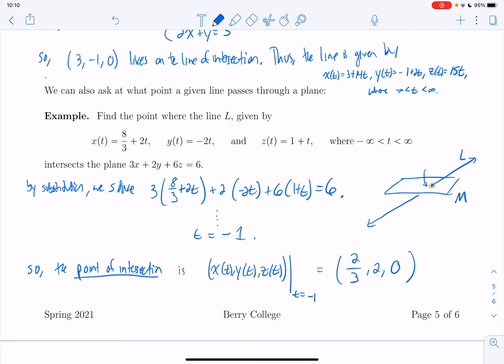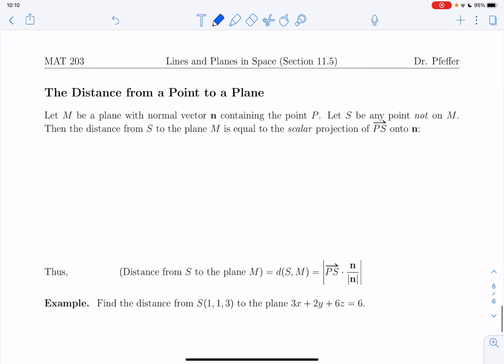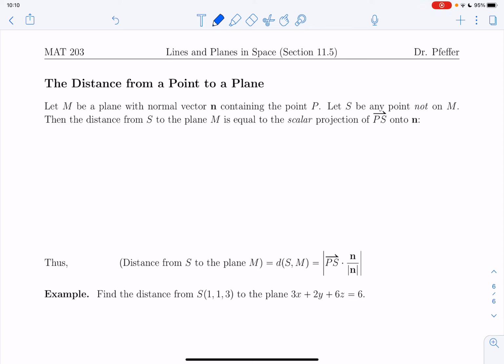Okay, so getting back to what we wanted to do, we learned how to compute the distance between a point and a line. So the last thing we'll undertake here is the distance from a point to a plane. It's a very similar question, but it's a little more difficult to answer. So here we have, for example, a plane. Let's draw it right here just so we can see it all.